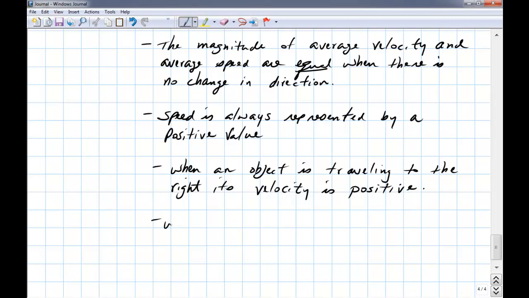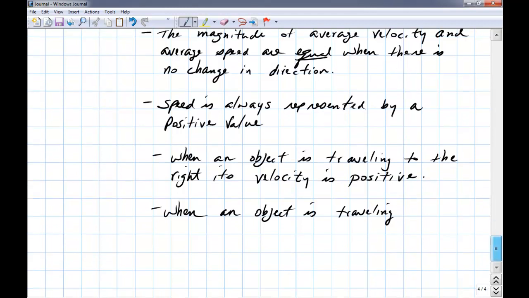And when an object is traveling to the left, its velocity is negative.